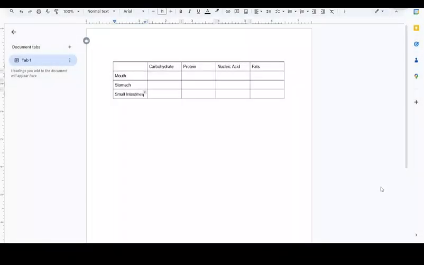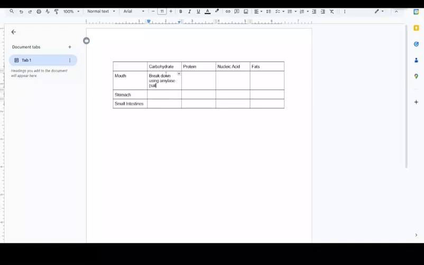Alright, so a little bit of add-ons. We're going to see how things are broken up at different times of our digestion. So in the mouth, we're going to take in some carbohydrates. Let's say I took some bread. It's going to break down using amylase, and this is going to break down into maltose.